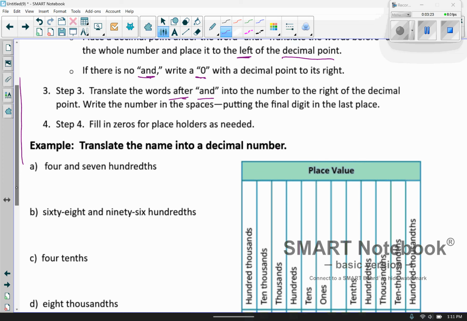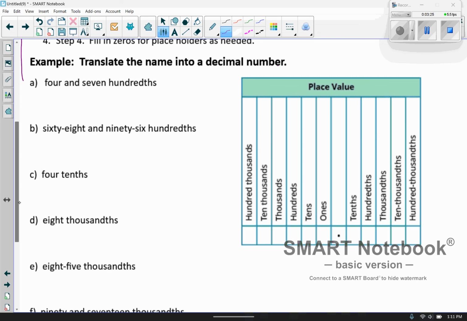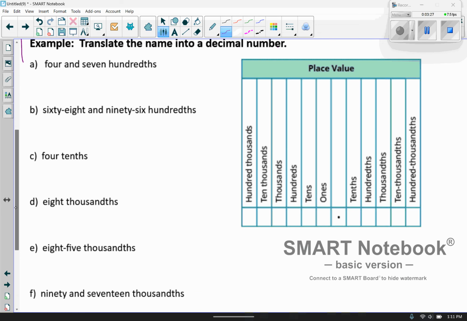Okay, so this place value chart will help us out here. Here are our whole number place values, which we should be familiar with. And here are our decimal place values, our tenths, hundredths, thousandths, 10,000ths, and 100,000ths. We could keep going, but we're not going to go beyond that.